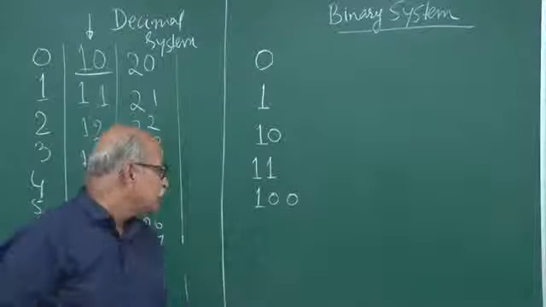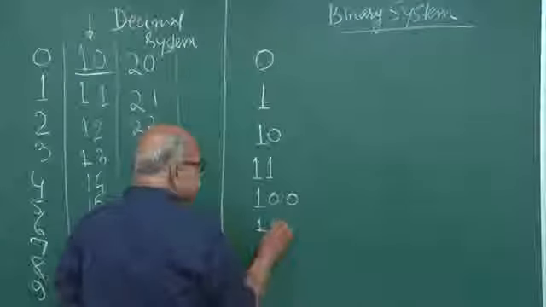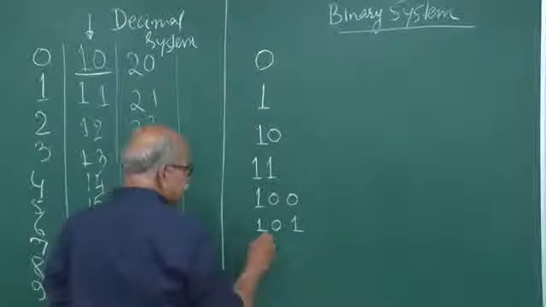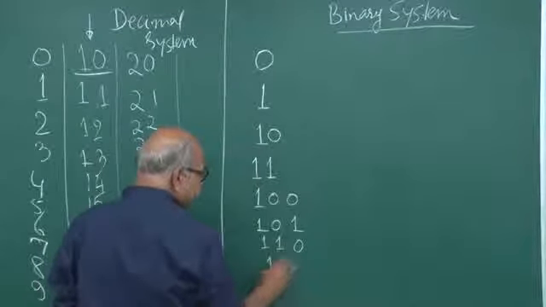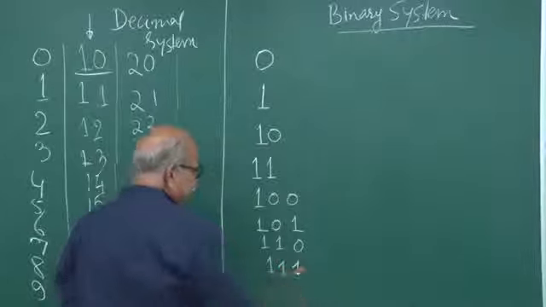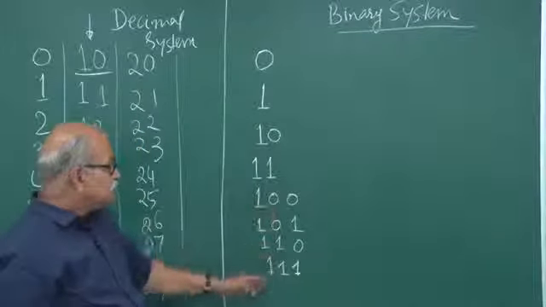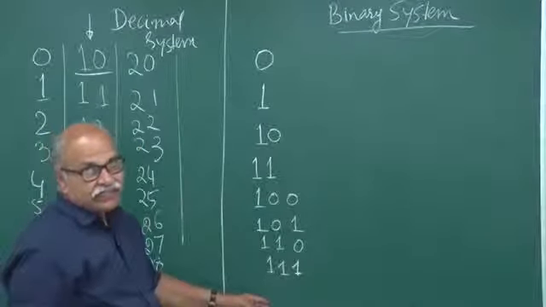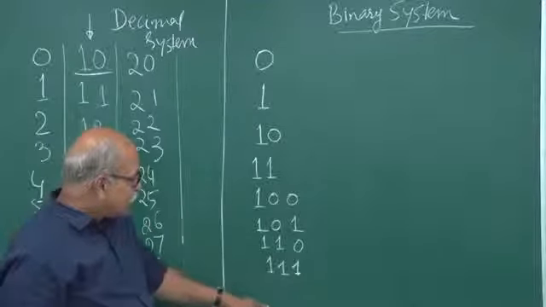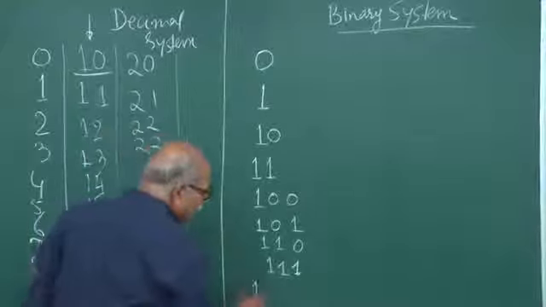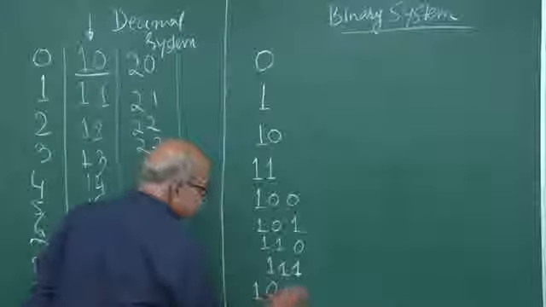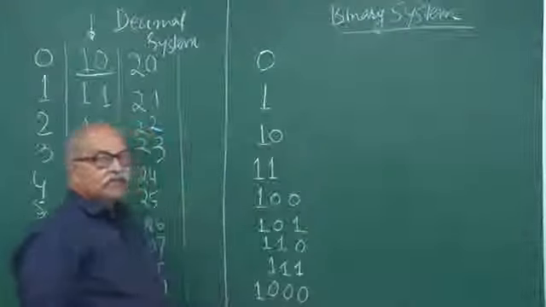You increase 1 by 1. So, this will be 1 0 1, the next will be 1 1 0, and the next will be 1 1 1. I have reached the maximum 3 digits number that I can. Next number you add one more, and it has to be a 4-digit number, and that 4-digit number will be 1 0 0 0, like that.